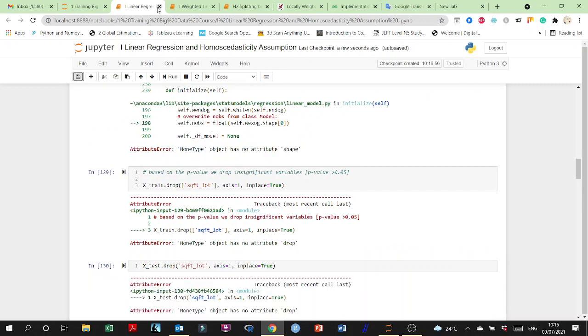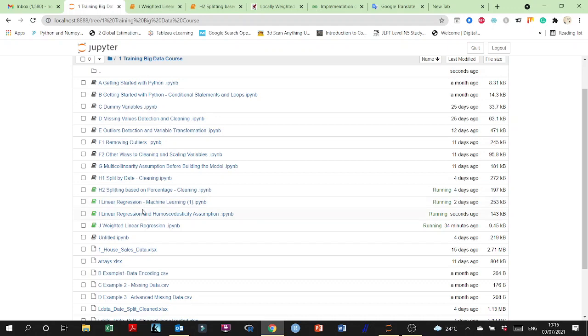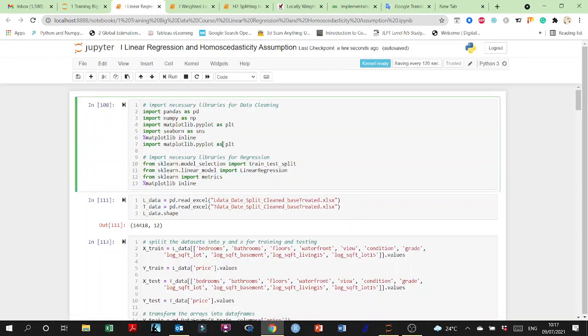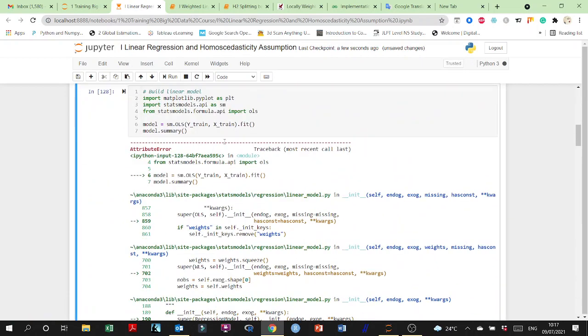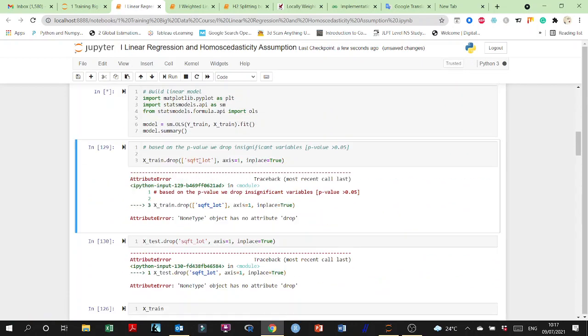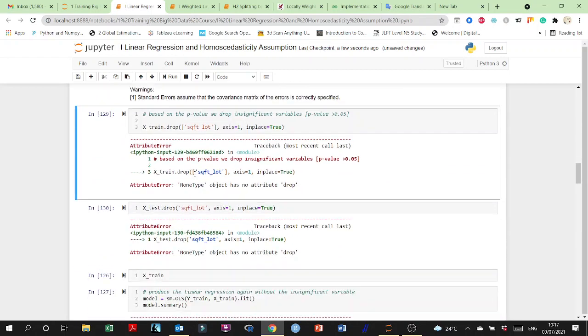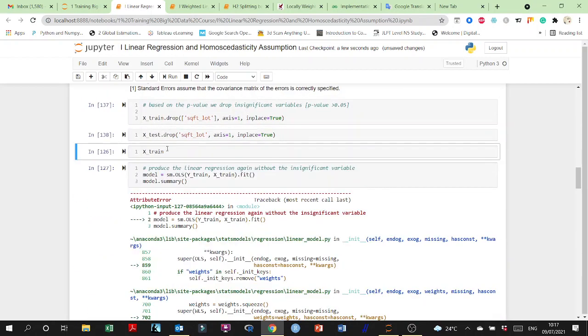Let me take a look at the code again. Sorry guys, I just didn't pay attention when I wrote the code at the very beginning, so please be careful with these little things. Over here we are dropping, so I'm going to check x train.shape right now. So here I have a problem. Maybe here I need this.